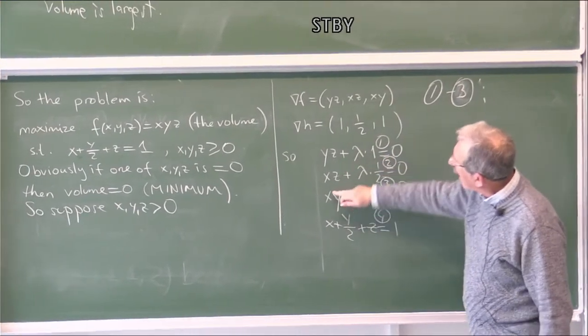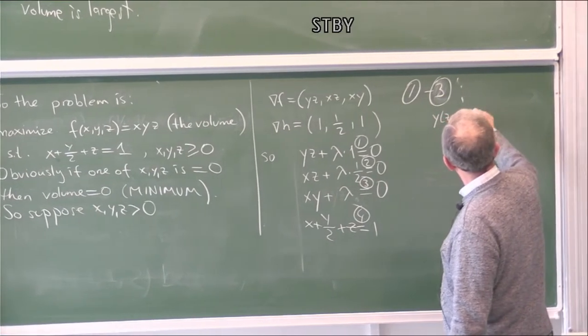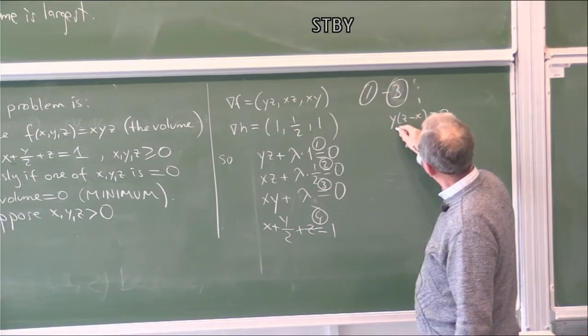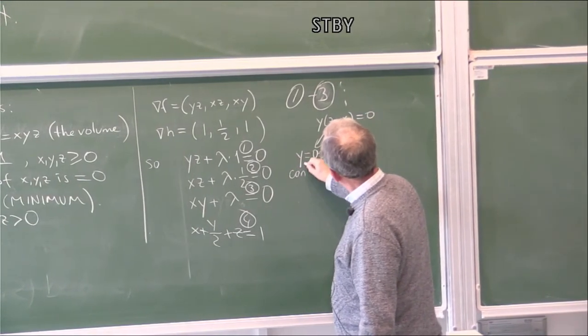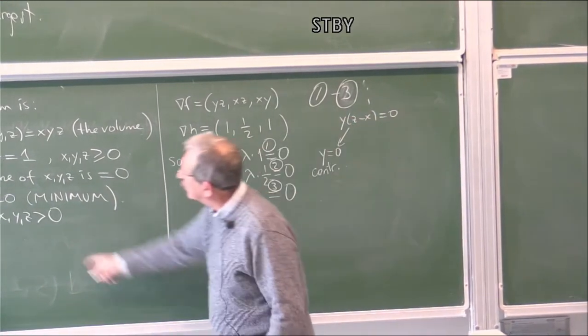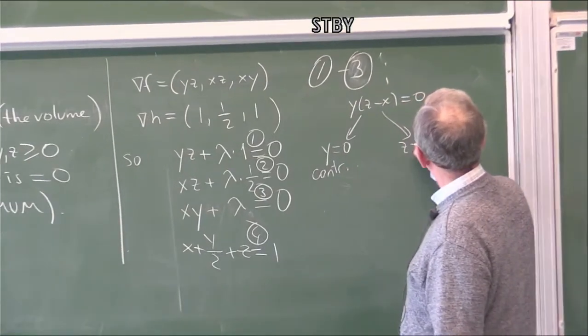So we have y times z minus x, which says that y is 0, but this is a contradiction because we assume they are all strictly positive. So it says z is equal to x.